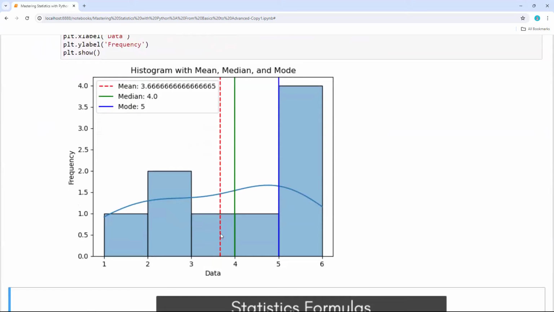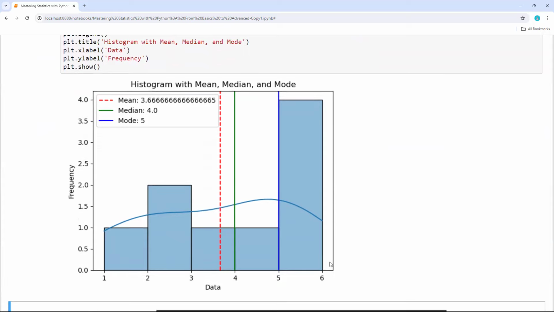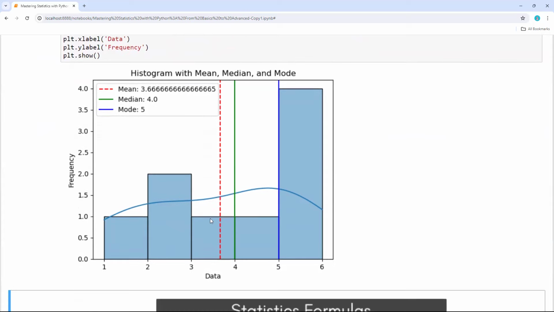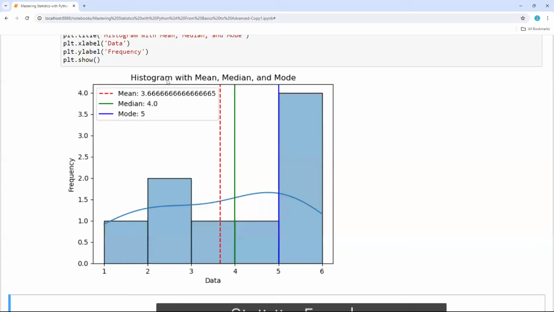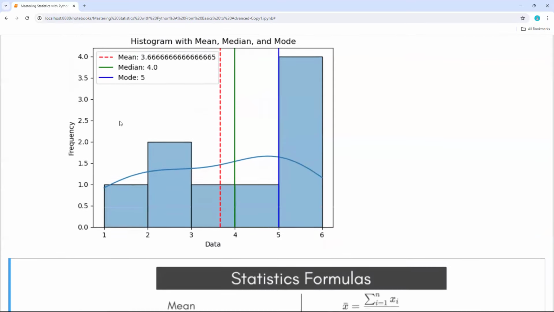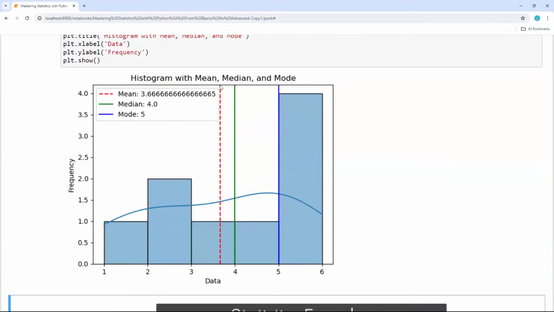This dotted value is the mean. My data points are 1 to 6, and if I apply the above syntax, it shows me a clear idea. This is where my mean value is present. As we discussed earlier, the mean shows the central tendency, the central value of the data.